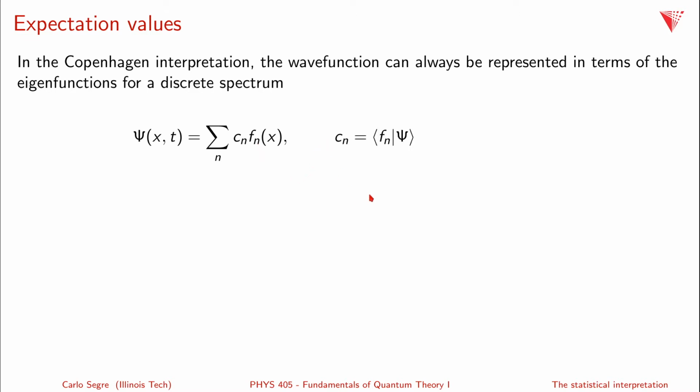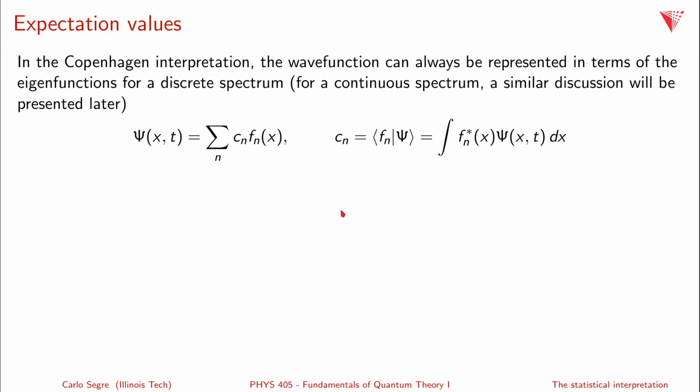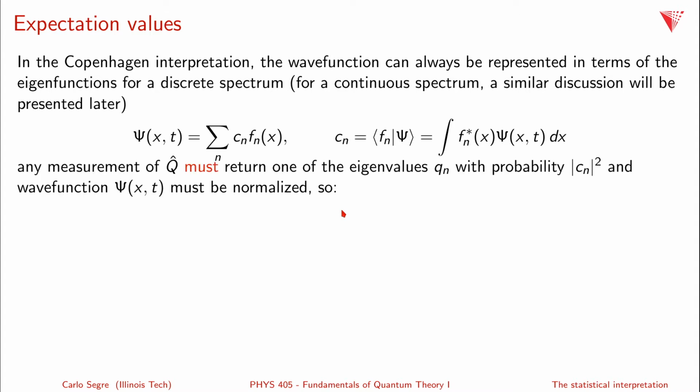Where c sub n can be obtained by taking the inner product of f sub n and the original wave function psi. And that is just an integral of f sub n star of x, psi of x and t dx. For a continuous spectrum, we're going to have a similar discussion later, but it'll be slightly different.